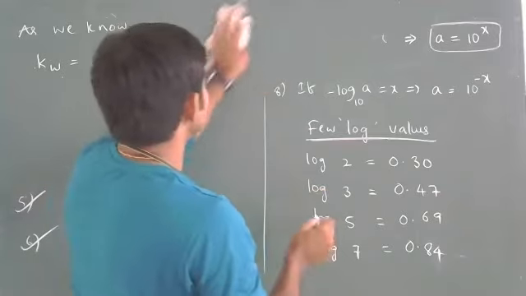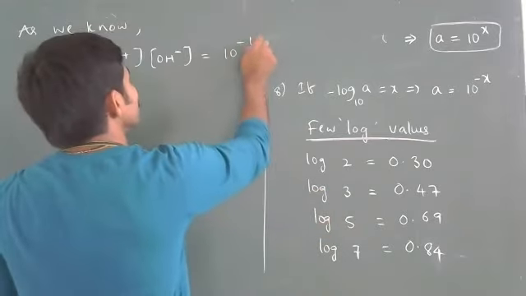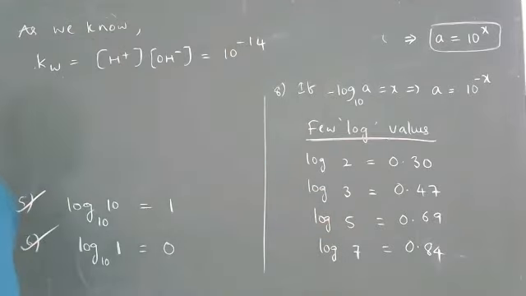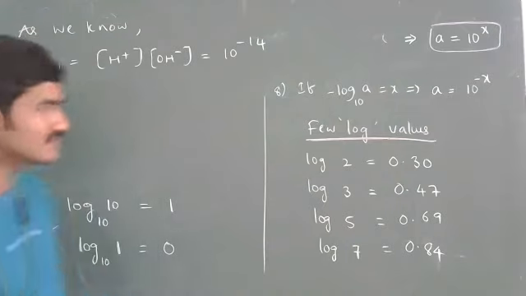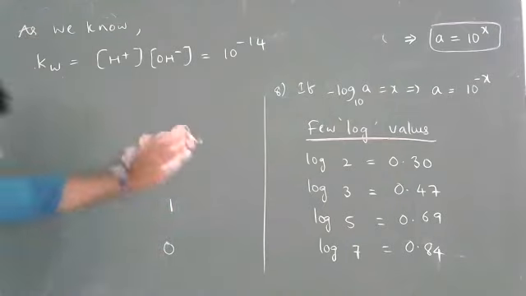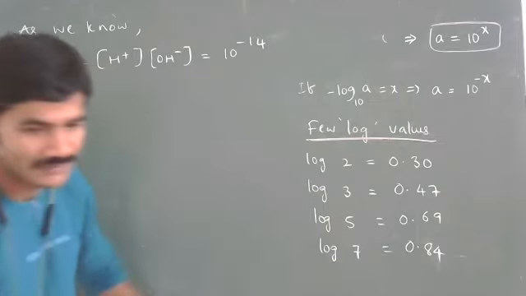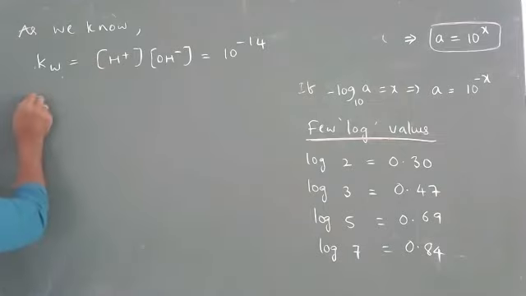So I'll take here, just for reference, 10 power minus 14. 1.0 into 10 power minus 14 is nothing but 10 power minus 14 only, there is no difference. Now apply negative logarithm on both sides, I mean, taking the negative logarithm.